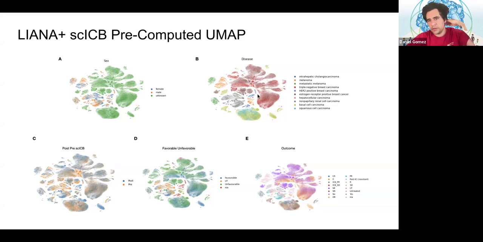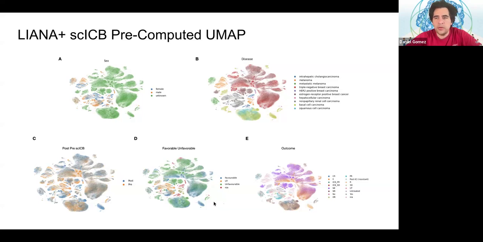We can see cancer cells by their cell type, and I would look for here hepatocellular carcinoma in pink and blue, intrahepatic cholangiocarcinoma. So we have two different cancer cell types in here near the middle. Pre and post ICB, immune checkpoint blockade. We can see before and after treatment. So orange is before, pre, and blue is post or after.